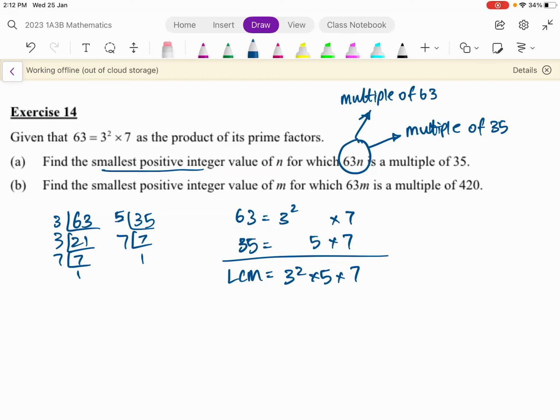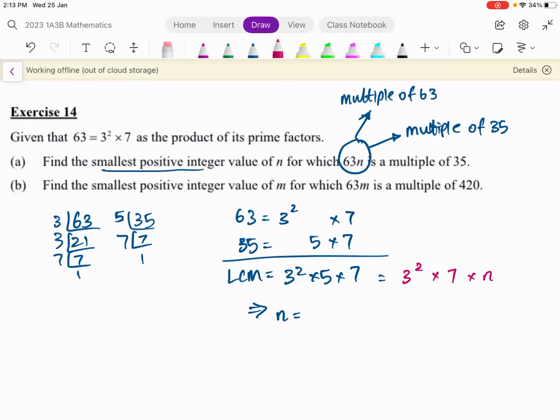Now the question is, what is the value of n? Because this LCM is supposed to be equal to 63n. It is the same thing. Therefore, n equals to how much? Let me rewrite this for you. Instead of writing 63n, I can also write it as 3 square times 7 times n.